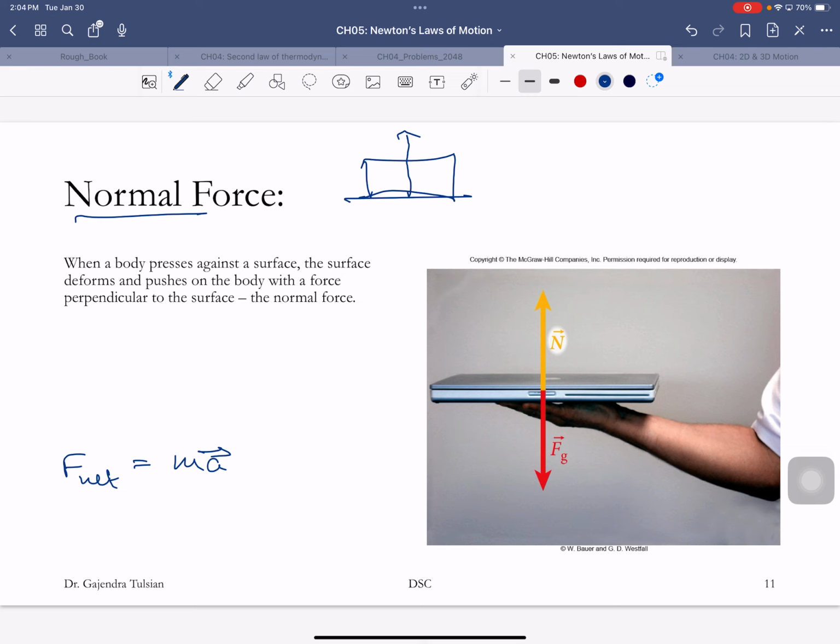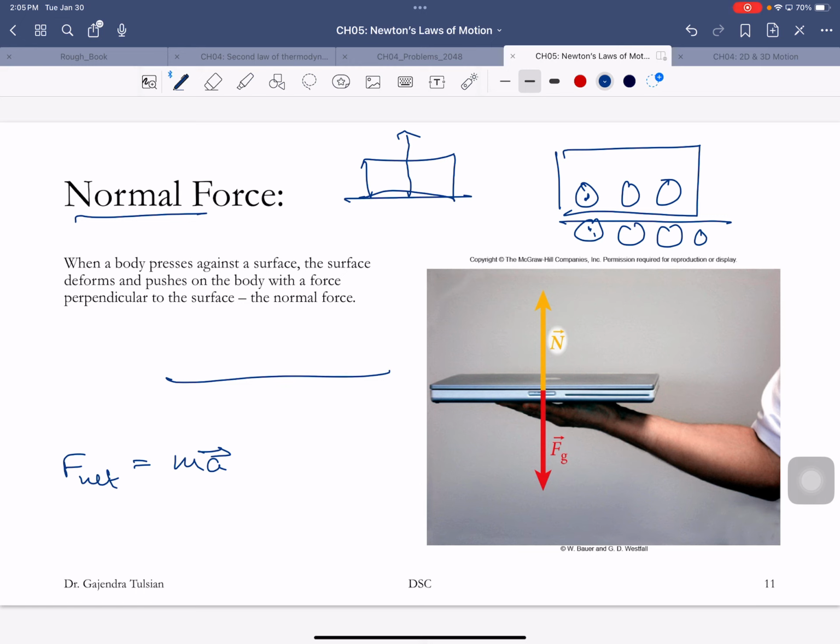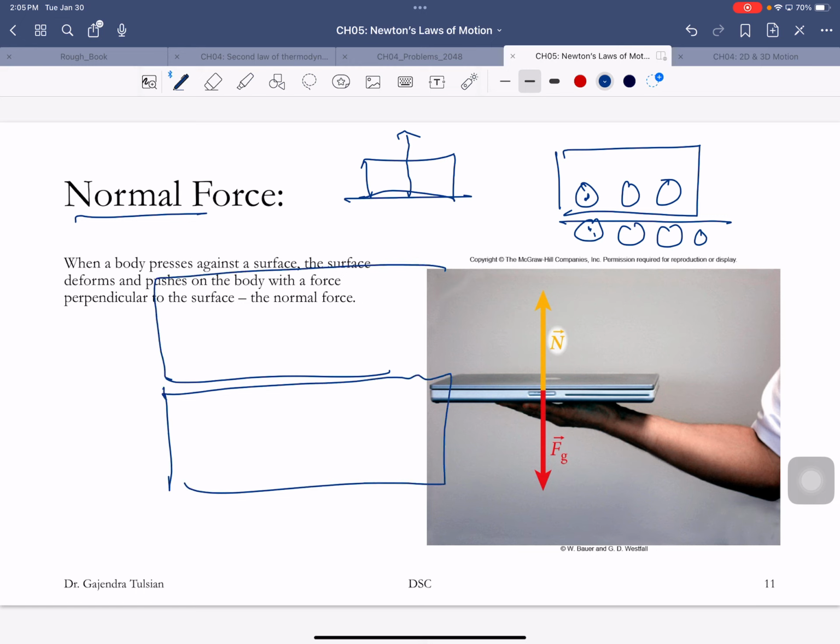So what happened was, here are these atoms, and these electron clouds repel each other. I don't know, maybe I shouldn't get into this, but now I'm already in it.